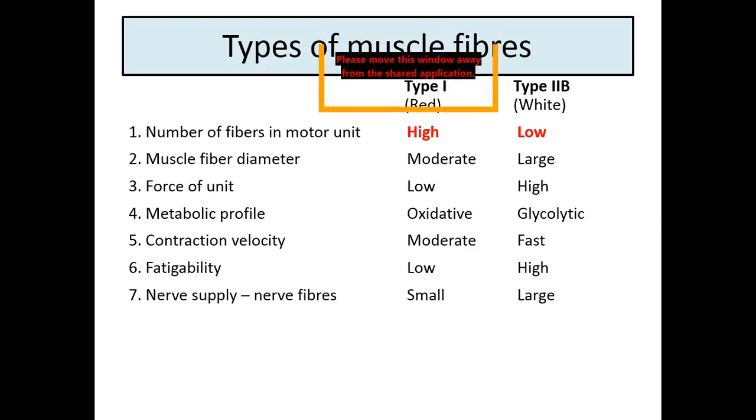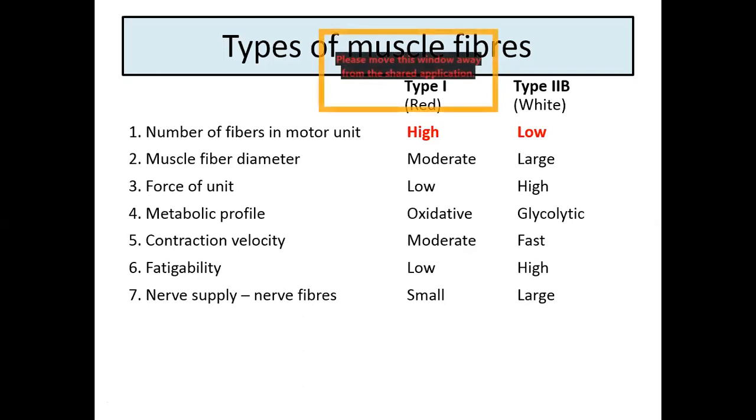And if you are a sprinter? More of type 2B. You need to be fast, but you will be fatigued faster. For marathon runners, the fatigability should be low because it's a long distance, slow run, so they must have type 1 fibers. And that's why not all of us are sprinters or marathon runners.